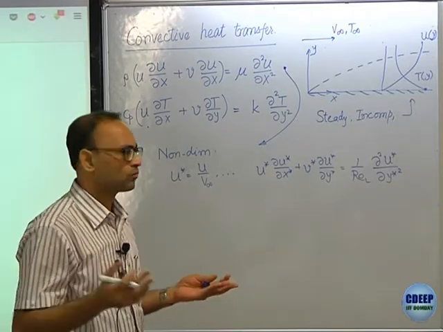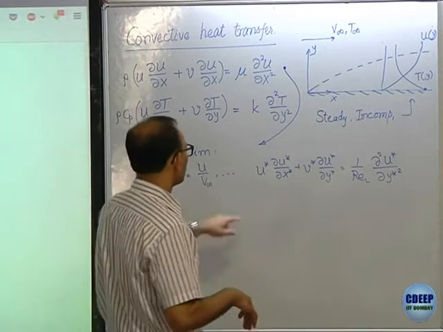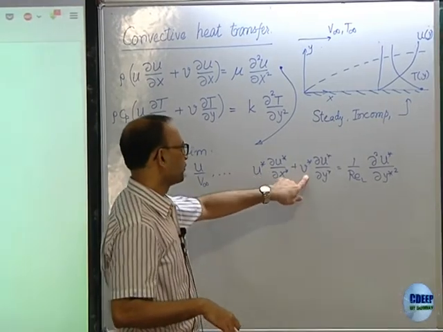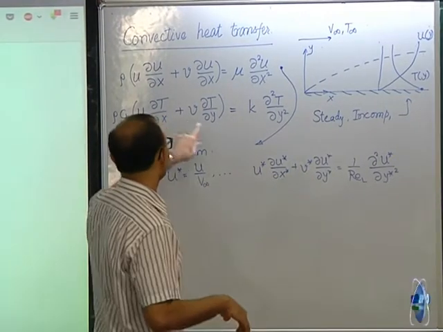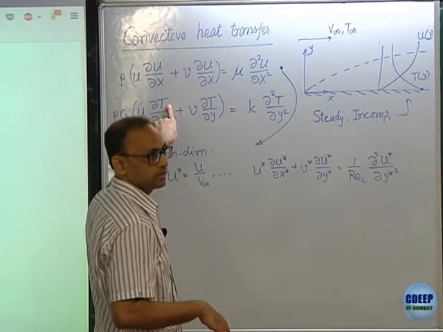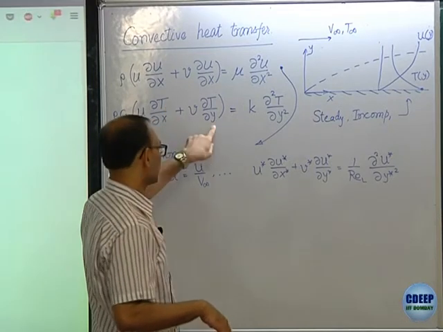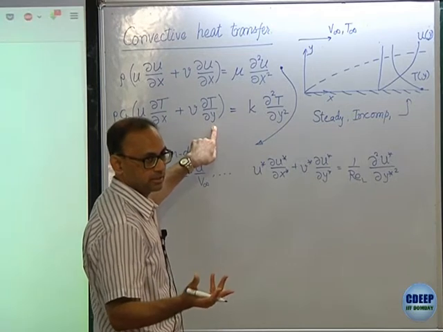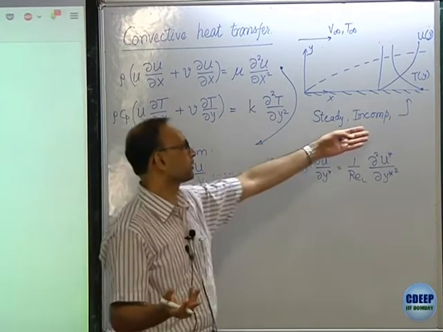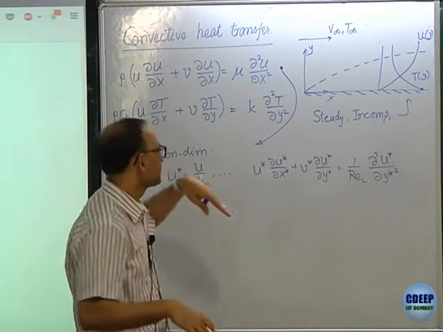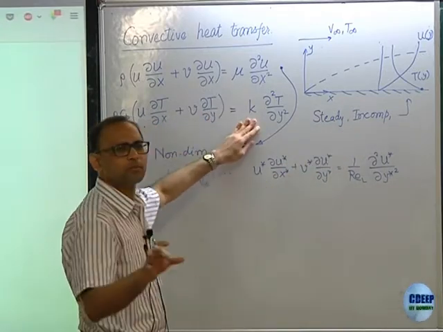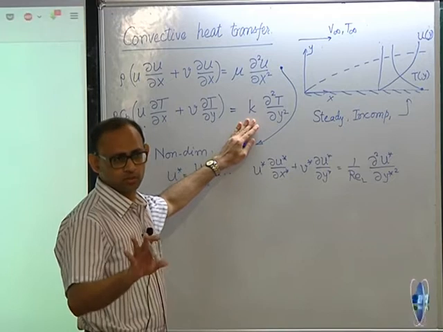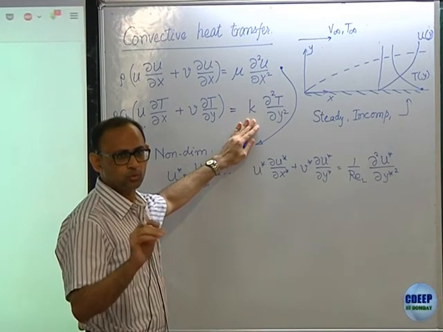We could solve it. This one, if you have to solve for u, you have to solve for v, and for heat transfer you have to solve for temperature, and all of them are functions of x and y. So, we have three unknowns u, v and T. Density, let us say, does not change, assuming incompressible. Viscosity, conductivity are all given properties of the fluid. We still have three unknowns and two equations.